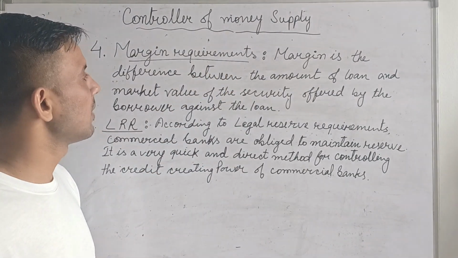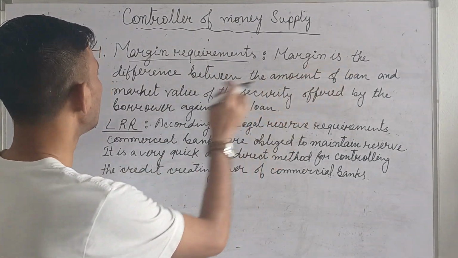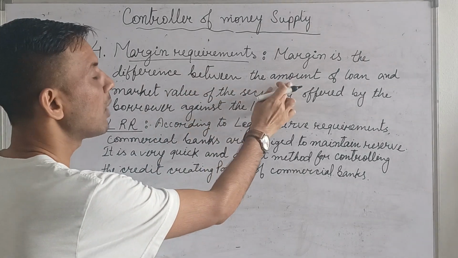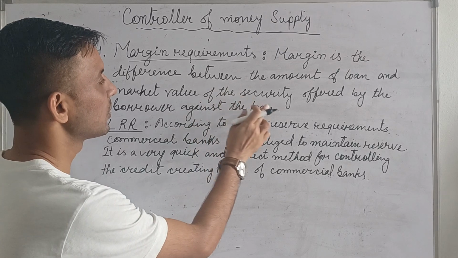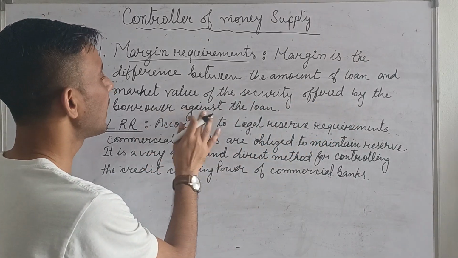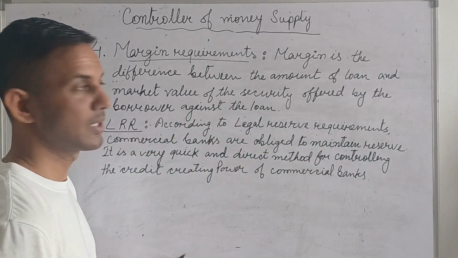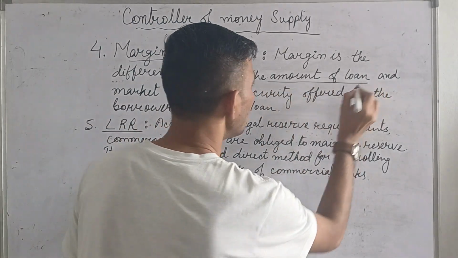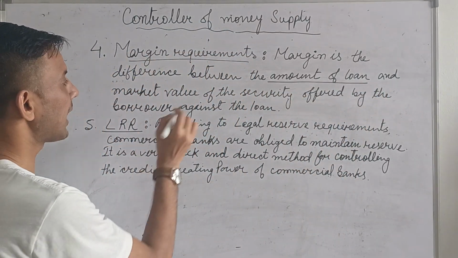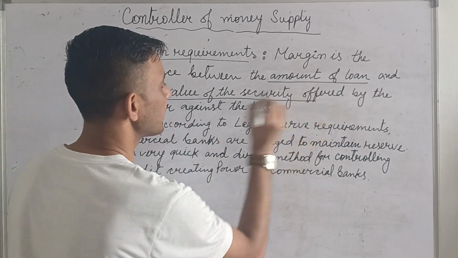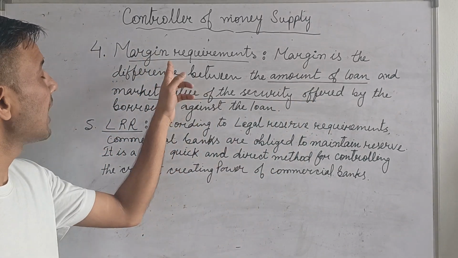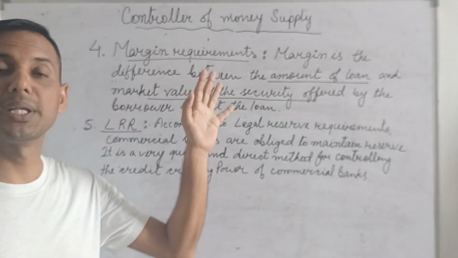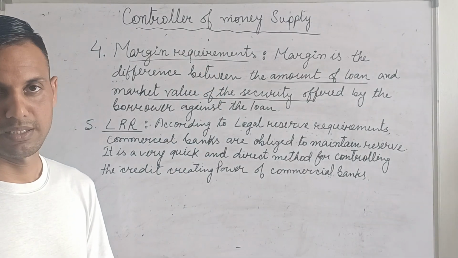What are margin requirements? Margin is the difference between the amount of loan and the market value of the securities offered by the borrower against the loan. And this margin requirement is determined by the central bank.